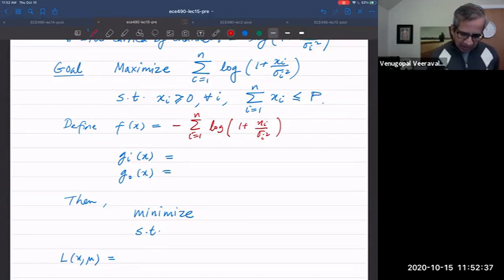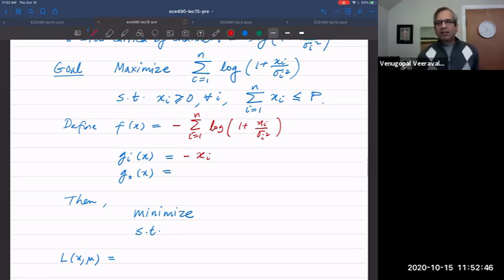The constraints are that xi is non-negative, so gi(x) is minus xi. So xi bigger than or equal to 0 is minus xi less than or equal to 0.